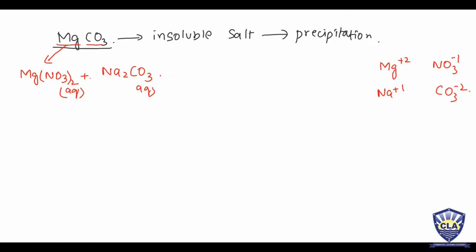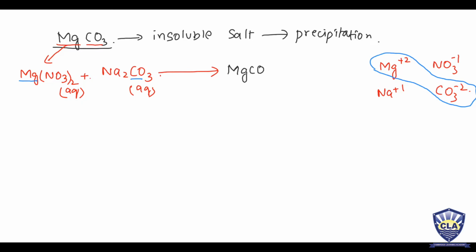So when you mix them together, what would happen? The positive of one thing will join with the negative of the other thing. Mg is the positive of one thing, CO3 is the negative of the other thing. They would join together, so +2 and -2 are cancelled. As a result, you are going to get MgCO3.